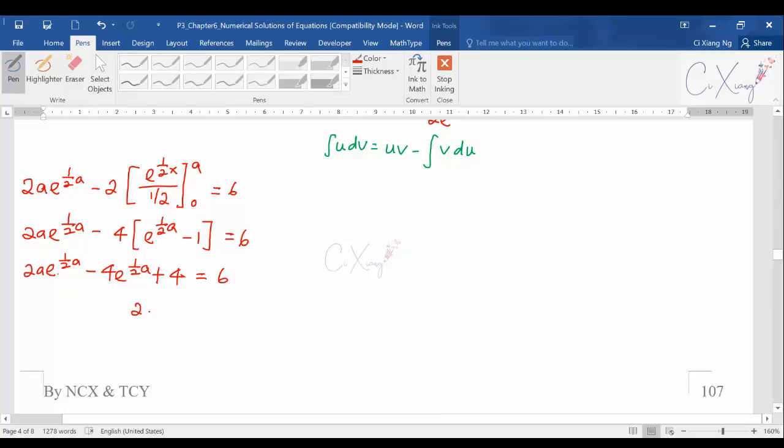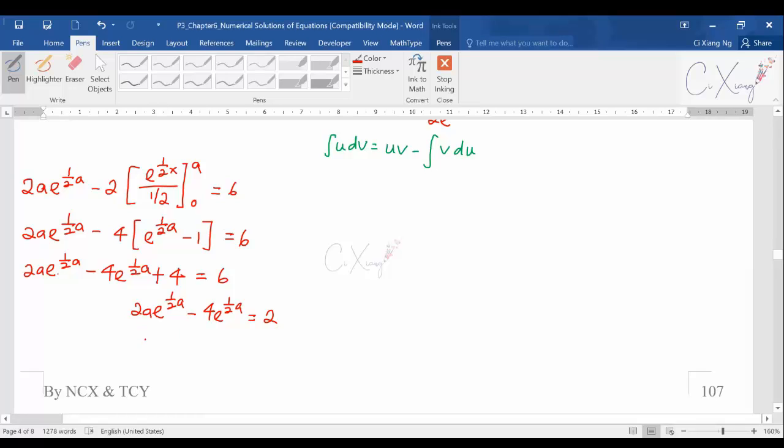So I'm having 2a e half a, then minus 4 e half a equals to 2. Maybe I group all the numbers together first. And then after that, what can I do with this one?